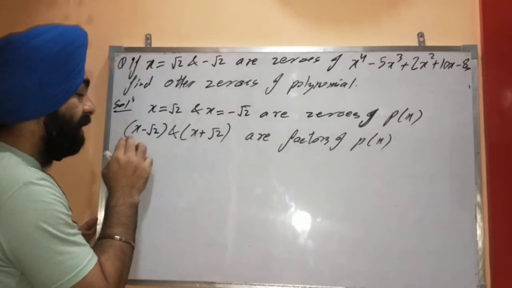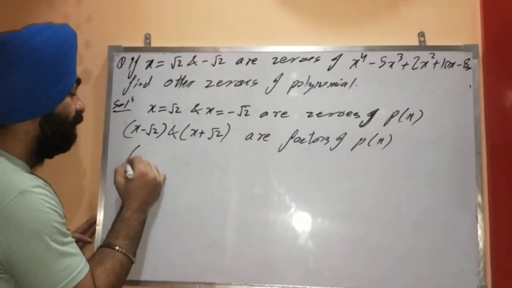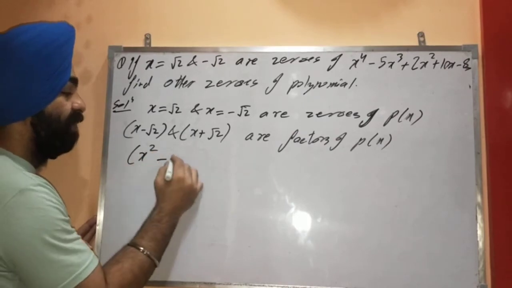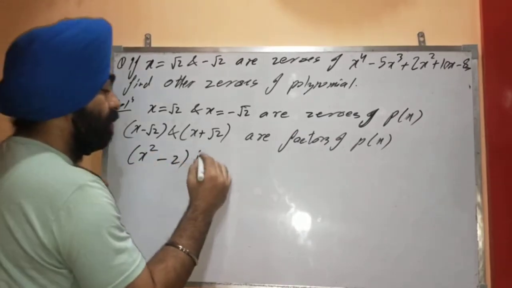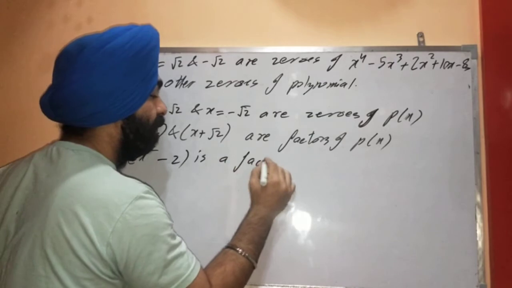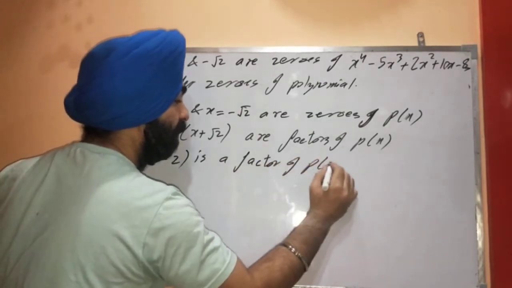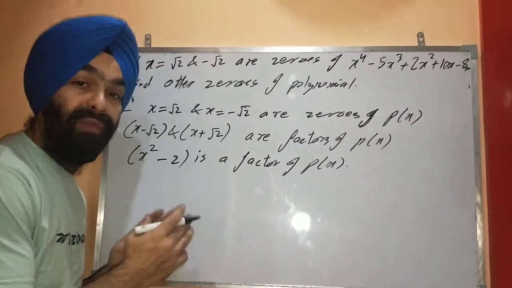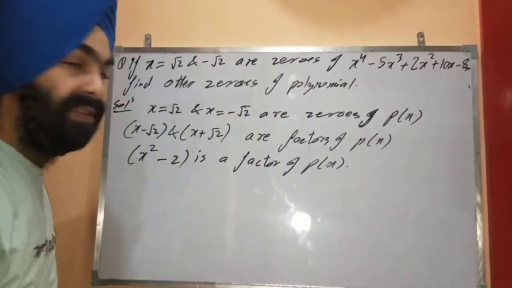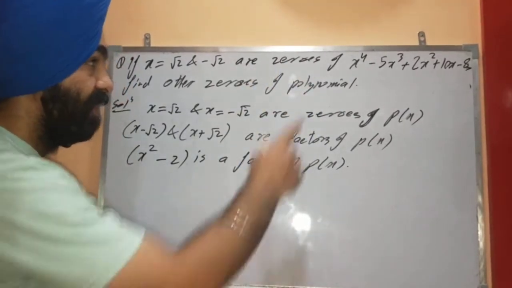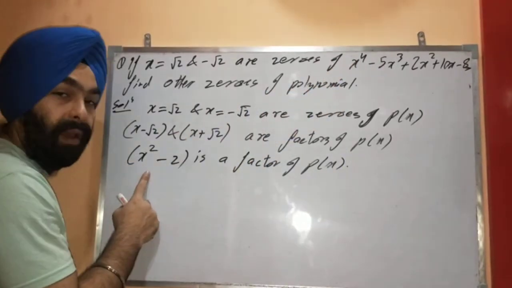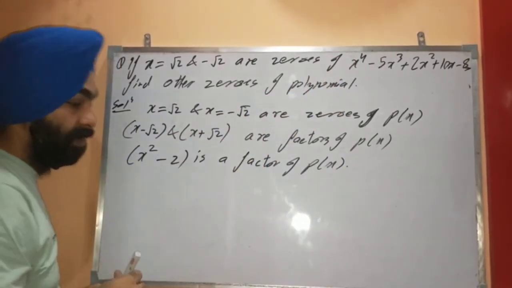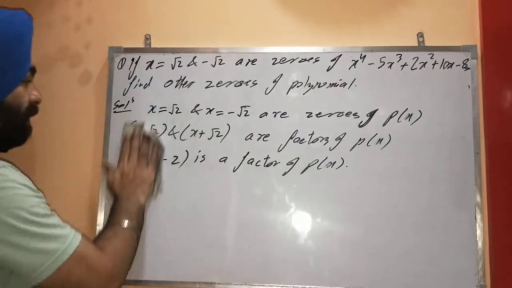So the result will be a square minus b square. So a square is x square and b square is 2. So x square minus 2 is a factor of P(x). So we have got a bigger factor of this polynomial P(x). Now we will divide this polynomial with x square minus 2. I am erasing this here.